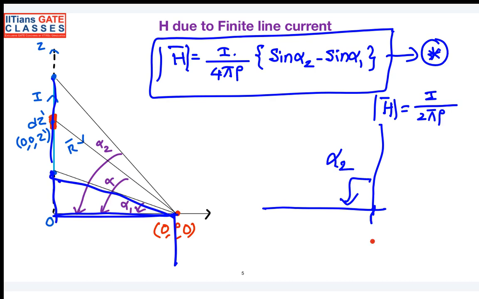So your alpha 1 becomes this one. So what will happen right now? This is your radial line, and the upper is going to make an angle alpha 2, and the bottom edge is going to make an angle of alpha 1.